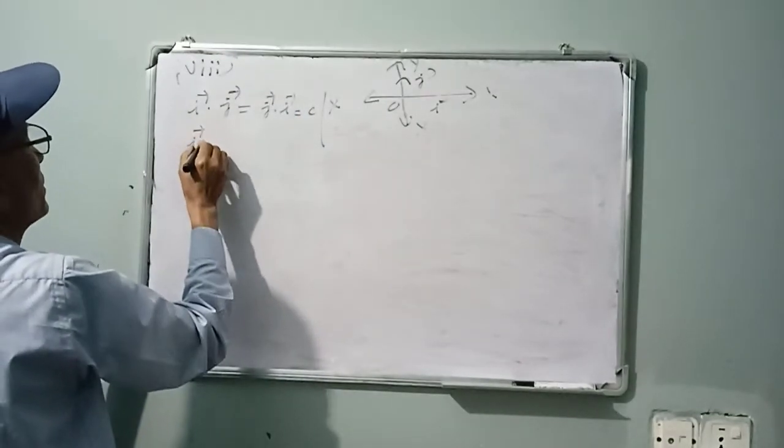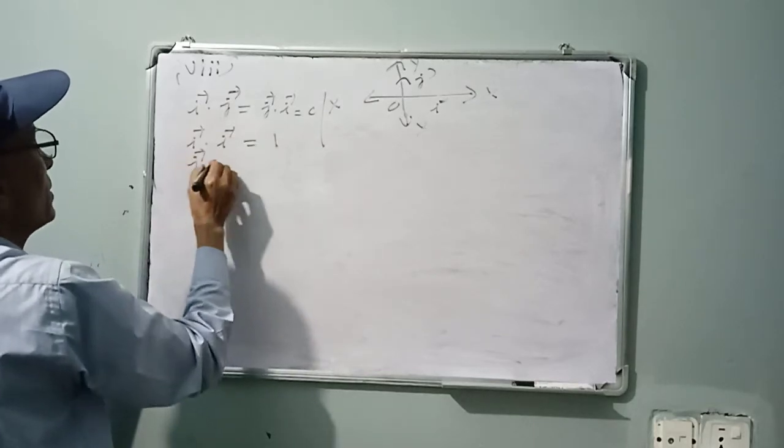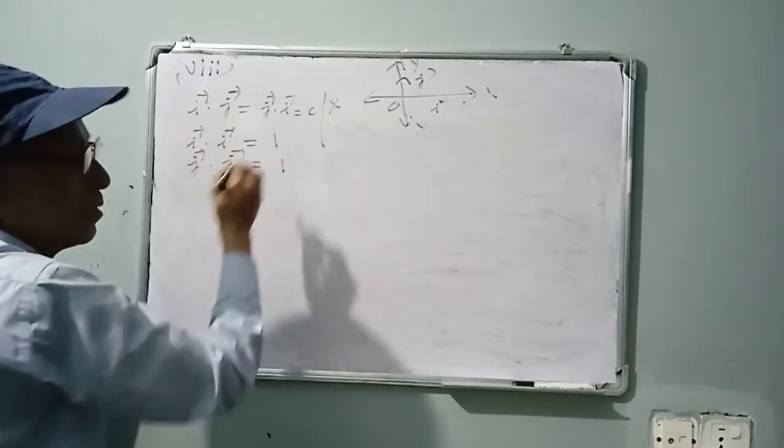Vector i dot vector i equals 1. Vector j dot vector j equals also 1.